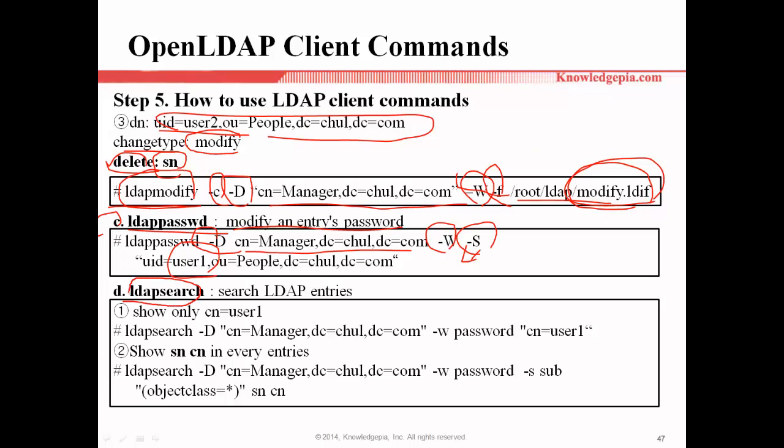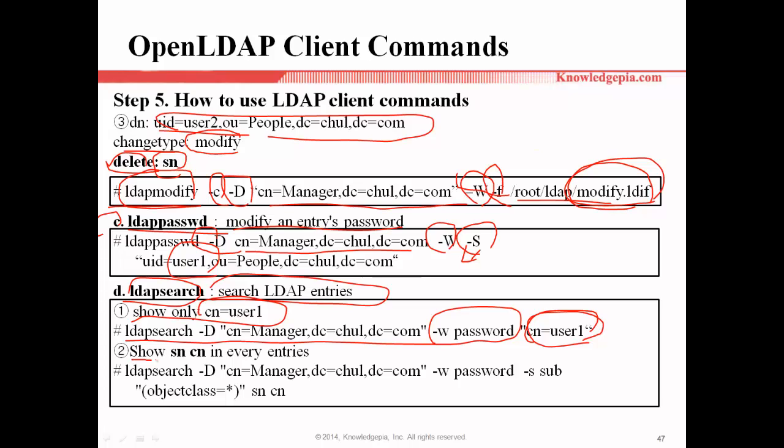The ldapsearch. LDAP entries, for example, to only show the CN, we can use this kind of command. ldapsearch -D manager.dc=char.com and password and have that CN. Then if there is an entry with the CN user1, we show all information.